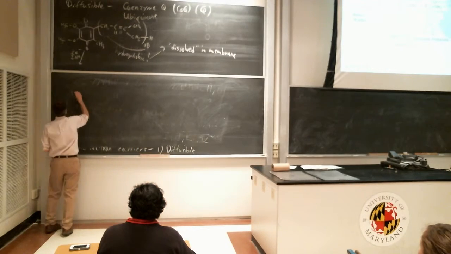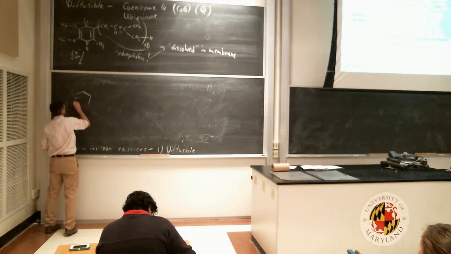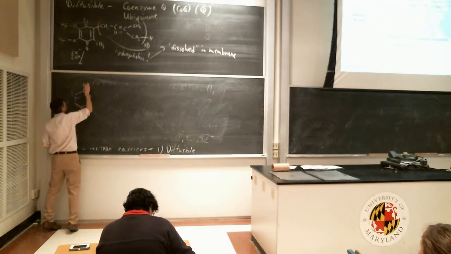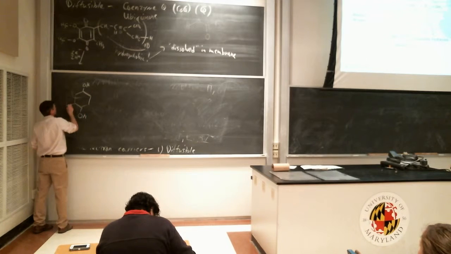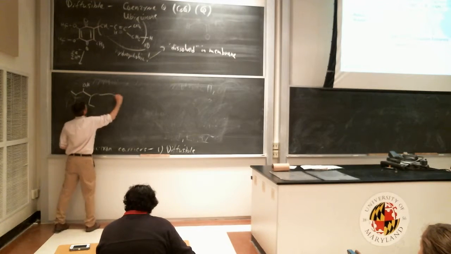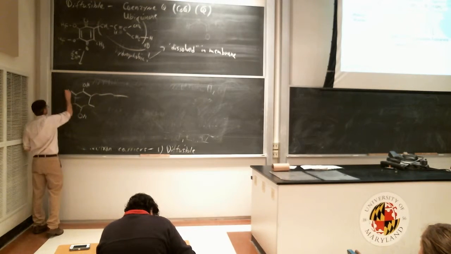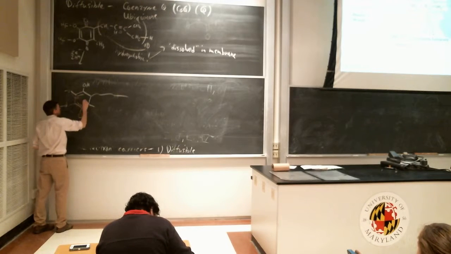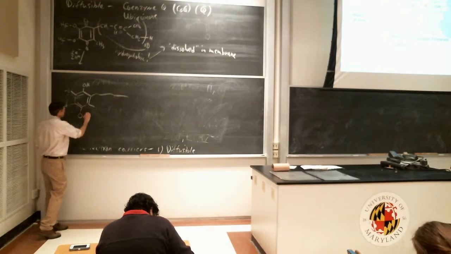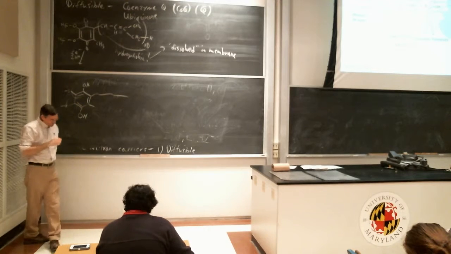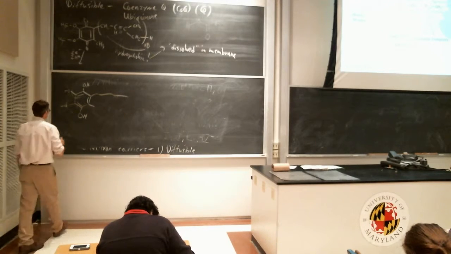It can accept 2 electrons and 2 protons and become reduced to the hydroquinone form, where the peripheral groups are unchanged, but the 6-membered ring takes on this structure. So this is a reduced form.